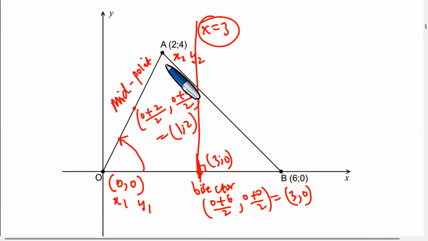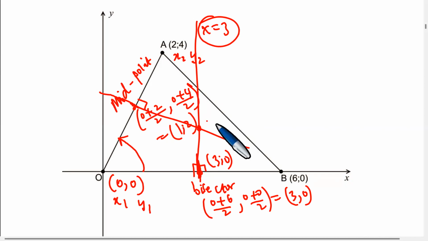We already got that one. So if we found the equation of the perpendicular bisector of OA, and the equation was like this, this is geometry, and this is creative from the examiner. There's another perpendicular bisector here, and therefore these two meet at a point. That point is going to be the center of that circle.